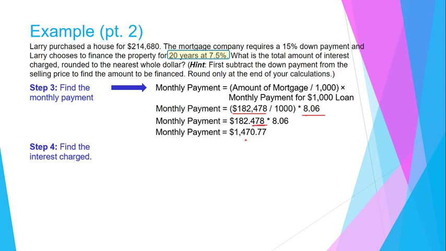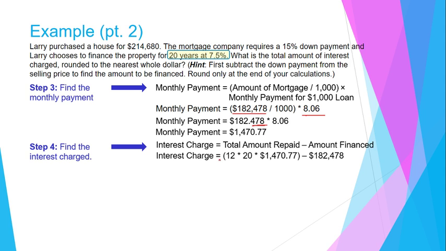Next thing we need to do is find the interest charged. The interest charged is equal to the total amount repaid minus the amount financed. Earlier we learned total amount repaid is 12 times the number of years, which is 20 years, times the monthly payment of $1,470.77, minus the amount financed, which was how much we had to take a loan out for, $182,478.